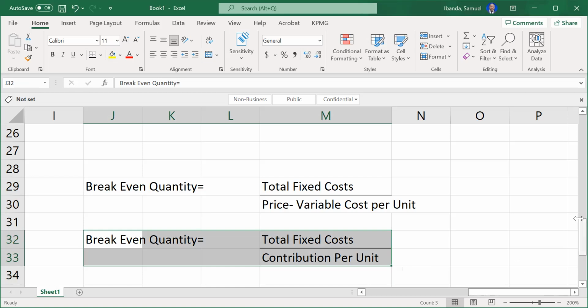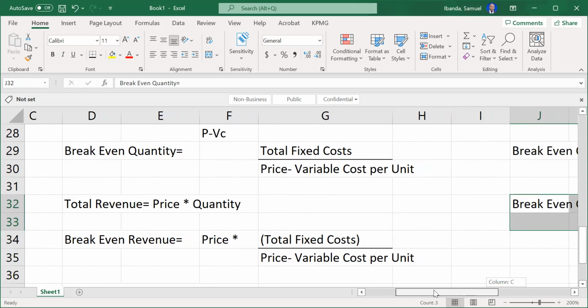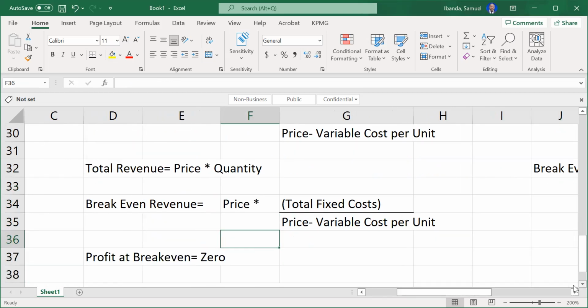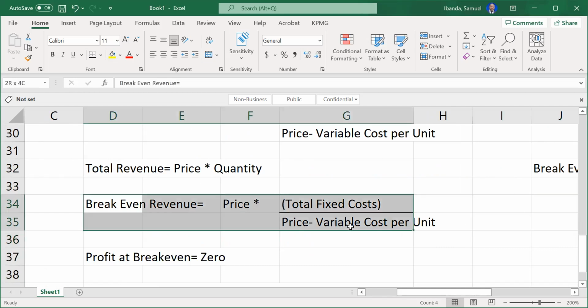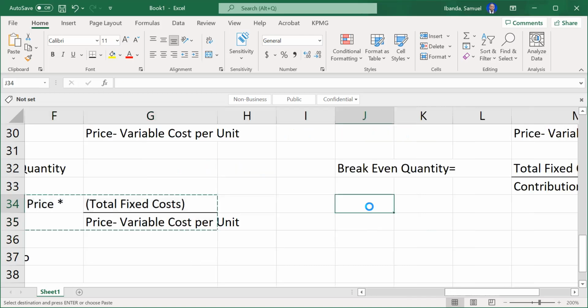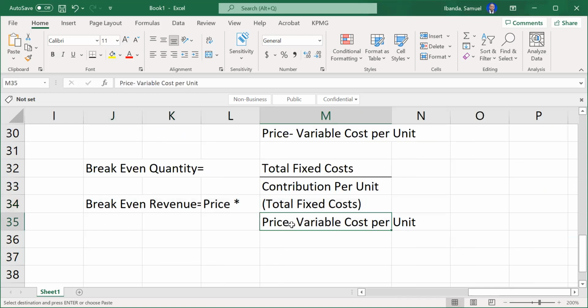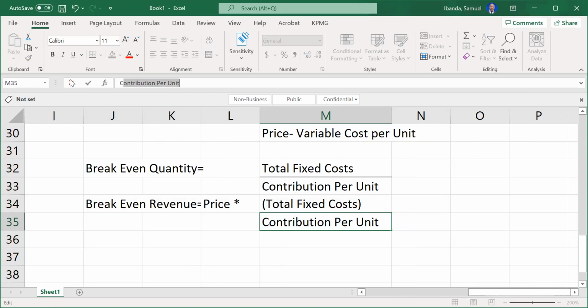contribution. Similarly, in case we wanted to show our revenue, it will definitely be price, our so-called revenue here will be total fixed cost divided by contribution per unit.